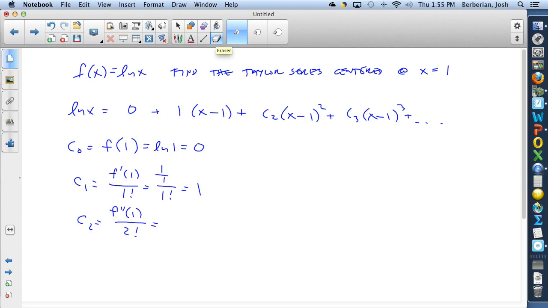All right, I need the second derivative. The first derivative is 1 over x. What's the derivative of 1 over x? Negative 1 over x squared, all divided by 2 factorial. And when x equals 1, that's going to be equal to negative 1 half.